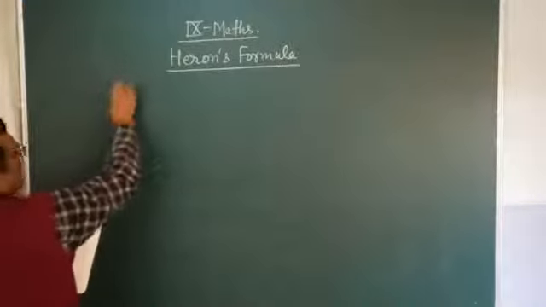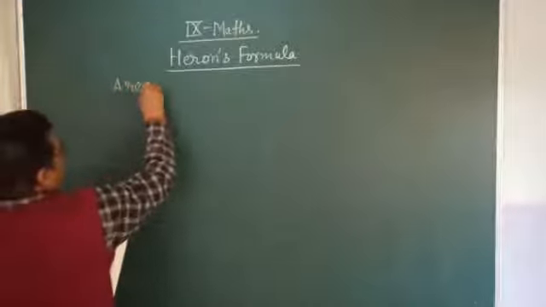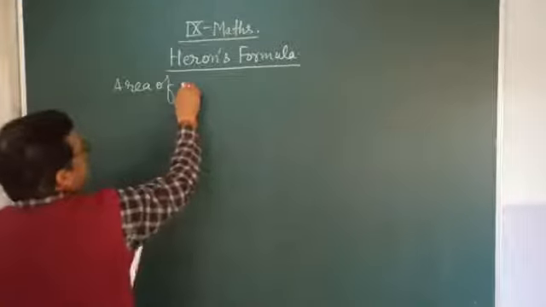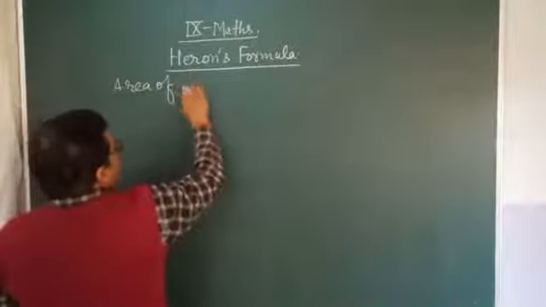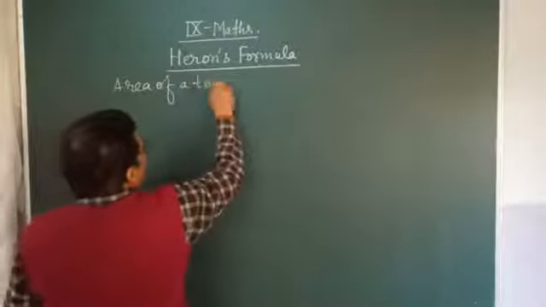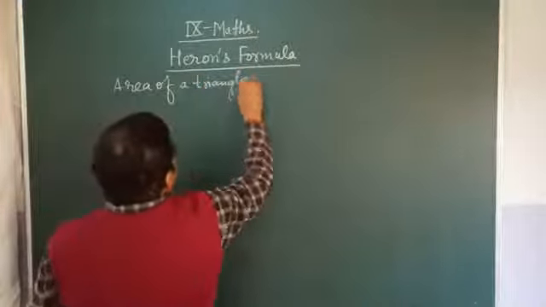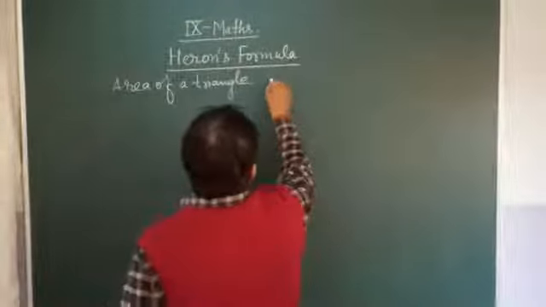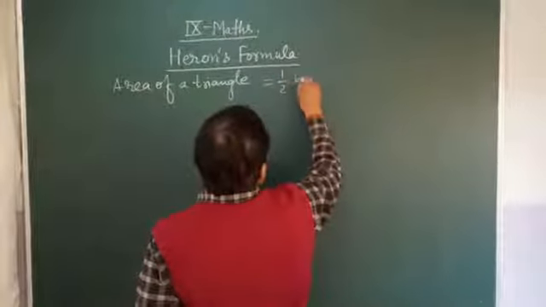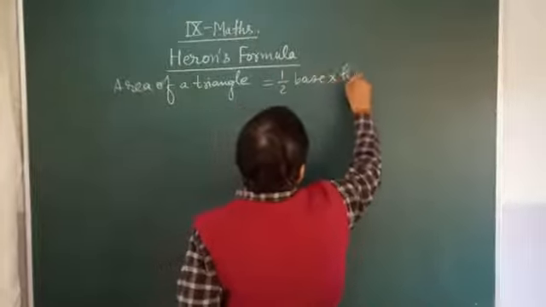Before this, we know that the area of a triangle is given by half base into perpendicular height.